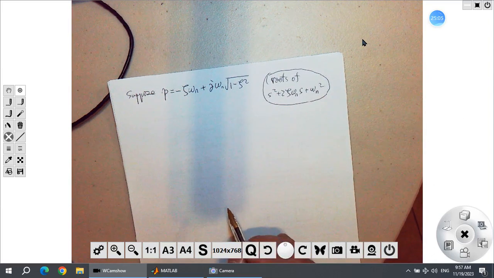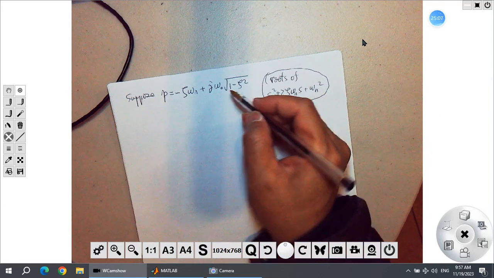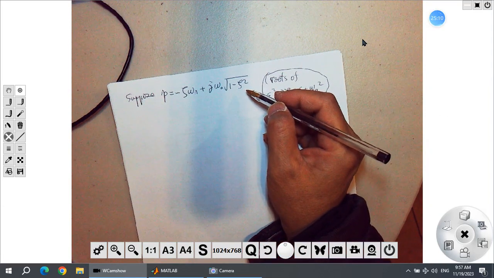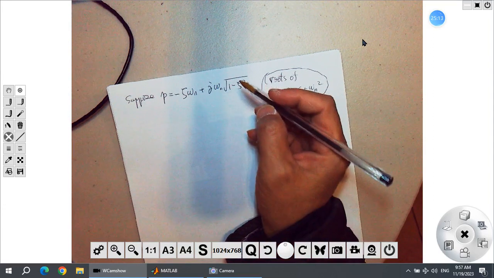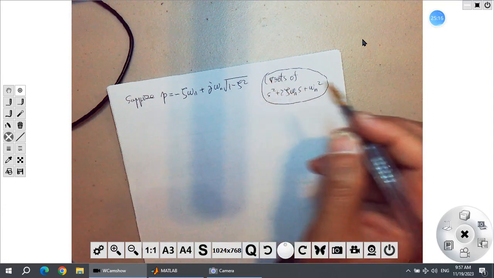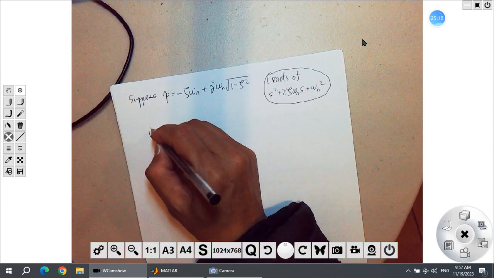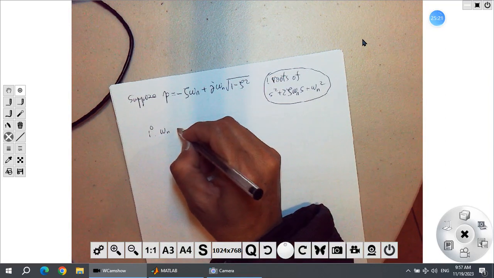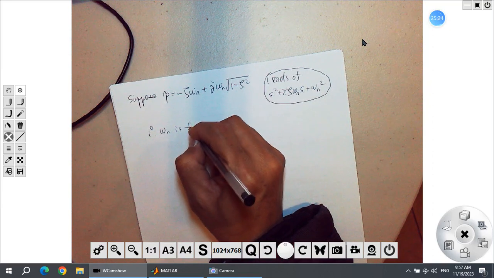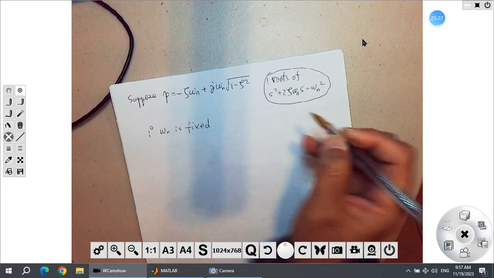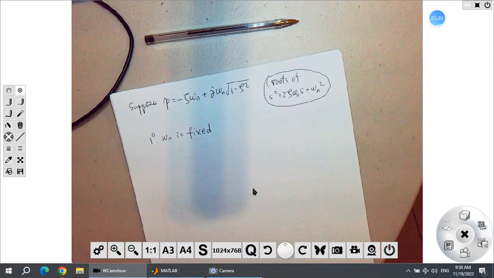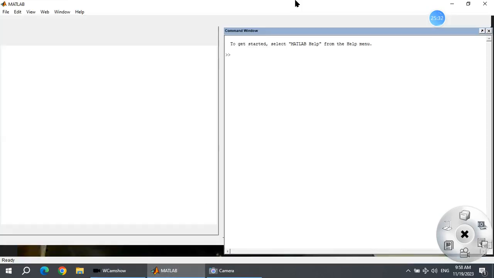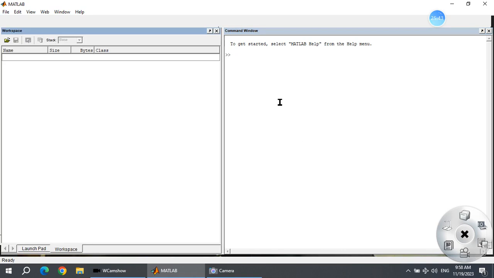Same thing, we fix one of the values and let another value change, and we can see what will happen. So yes, we can use the computer to do this. First case, suppose omega n is fixed. I go to my lab here. All right, so we have P equal to zeta and omega.